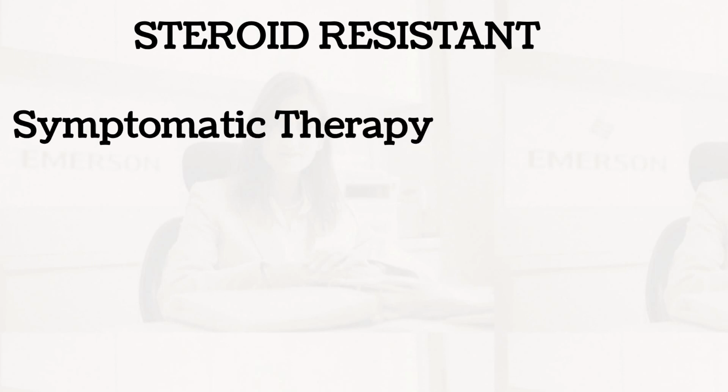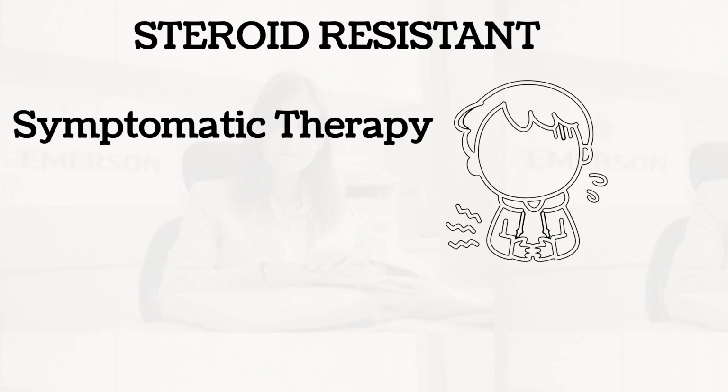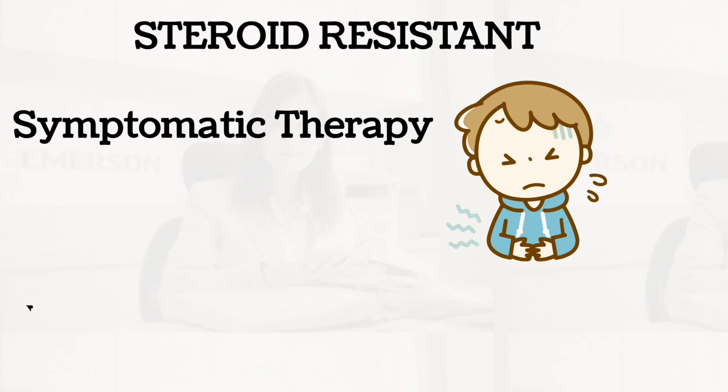Okay, then since we talked about steroid resistance, how do you manage it? We have symptomatic therapy under steroid resistance, where, just like we talked about, the diuretics. If they are presenting with any edema, or with hypertension, give them blood pressure control, such as ACE inhibitors or angiotensin 2 receptor antagonists. Then you also treat the hyperlipidemia.